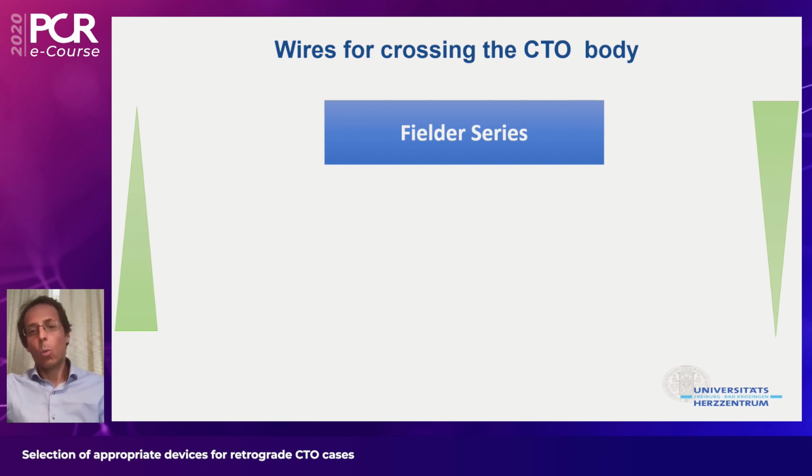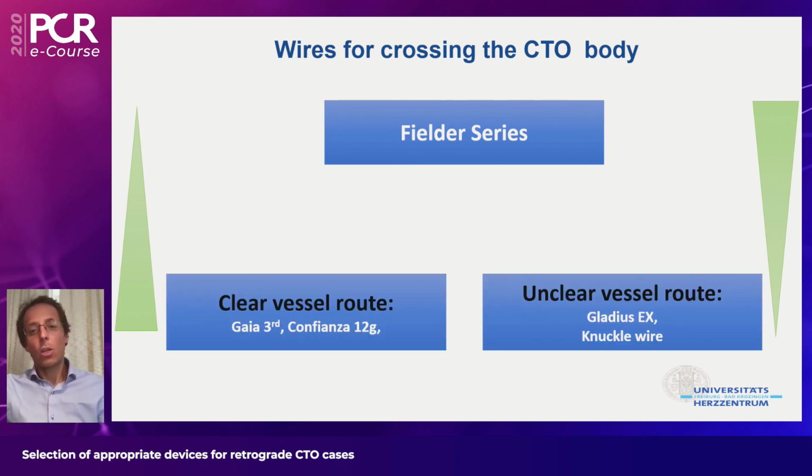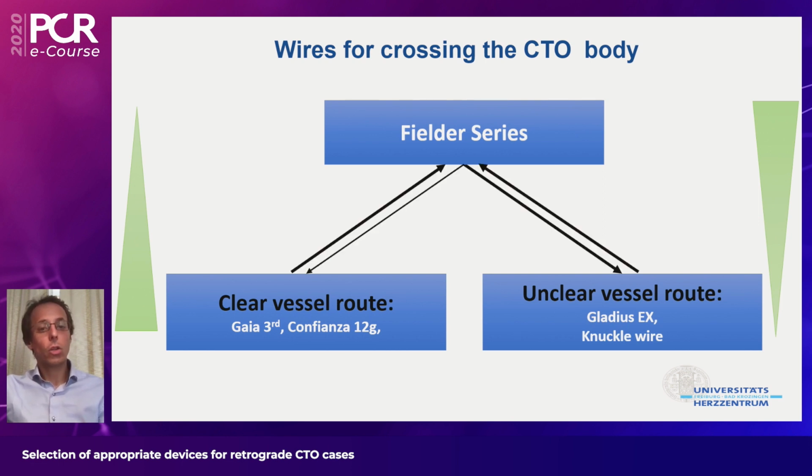So once your Fielder XT series has failed to cross the CTO body, you have to understand if your vessel route is clear or absolutely unclear. When the vessel route is clear and you see a lot of calcium, you can just go with higher gram tip load wires like the Gaia 3 or the Confianza.